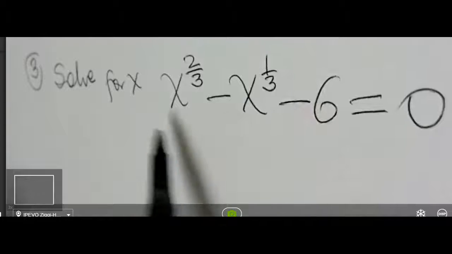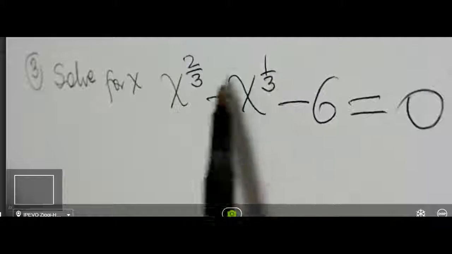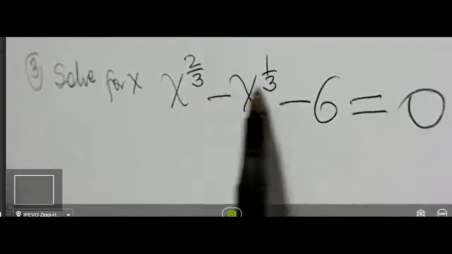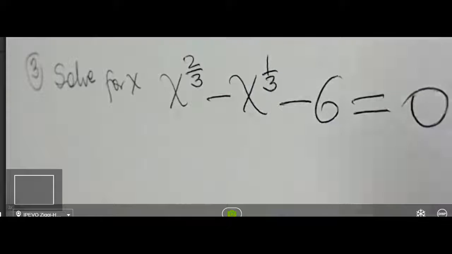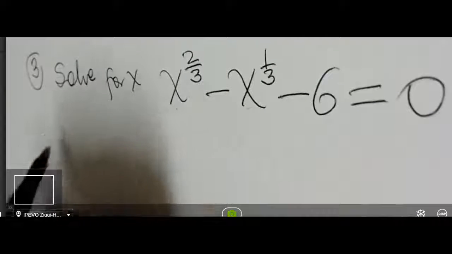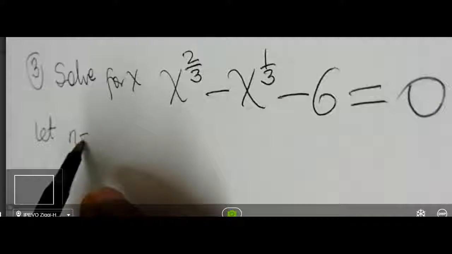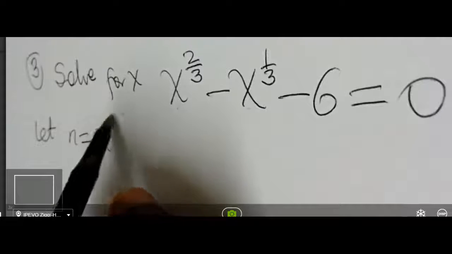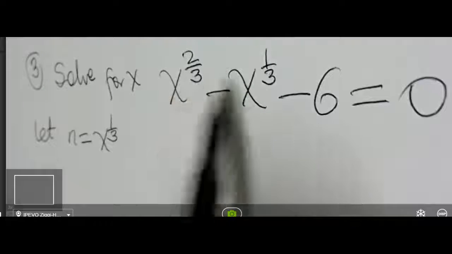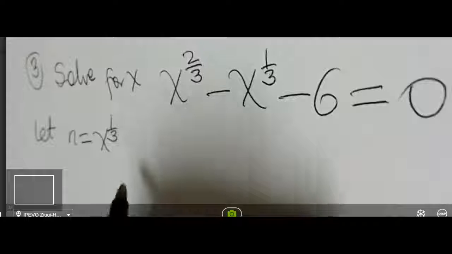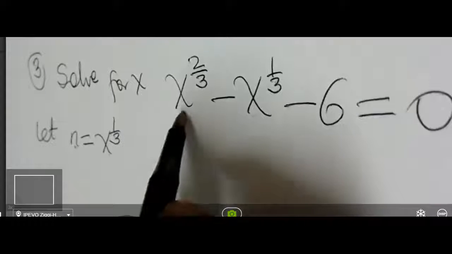Since we have x to the power 2/3 and 1/3, yes, they are related, so we can let x to the 1/3 be any variable. So that way we can use that variable to solve. So let's say let n equal x to the 1/3, since 1/3 is smaller. So we can substitute n for the x to the 1/3 in this equation.